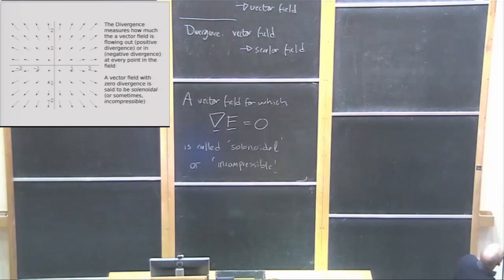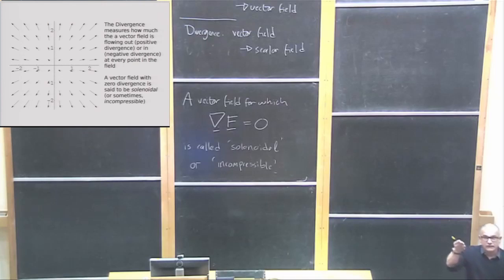But if I pick some point and I draw a small area around that point, and I sum up how much of the field is flowing in and out at that point, then a positive divergence means more is flowing out, and a negative divergence means more is flowing in. So positive divergence, as the name suggests, is diverging, and negative divergence is a field which is compressing.